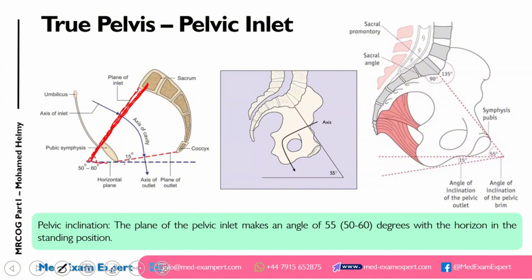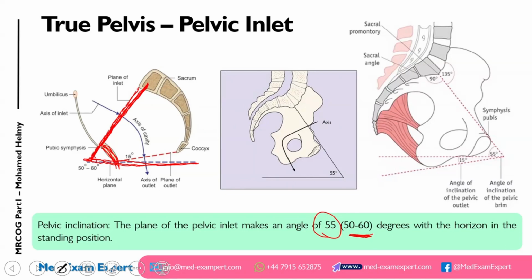Draw a line on the horizontal plane like that, and measure the angle between the plane of the pelvic inlet and the horizontal line. This angle is on average about 55 degrees, or a range from 50 to 60 degrees with the horizontal plane in the standing position.